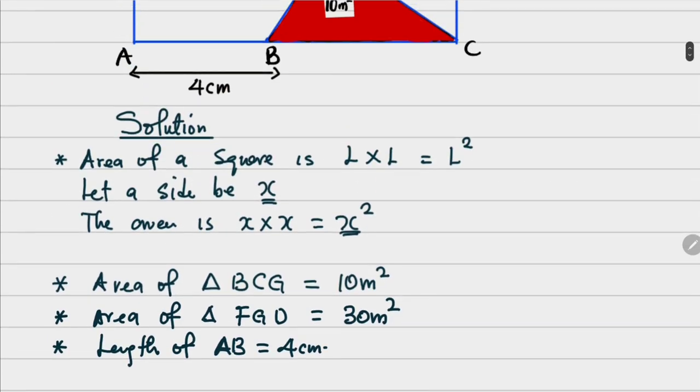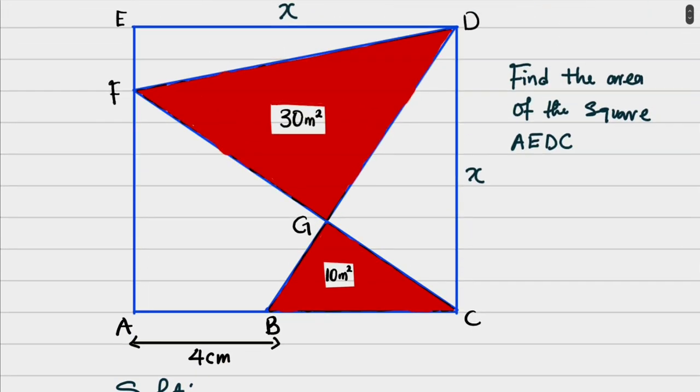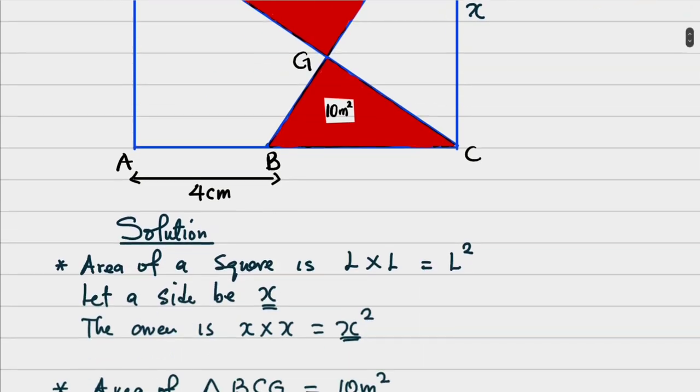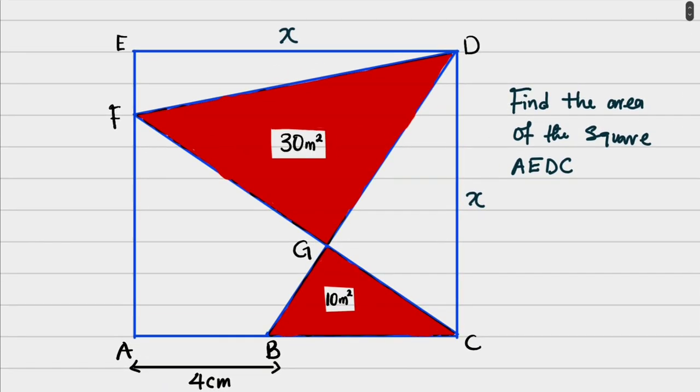But if you check, I actually don't know the area of CDG. So why not let this be y meters squared. Let's have it as y meters squared.